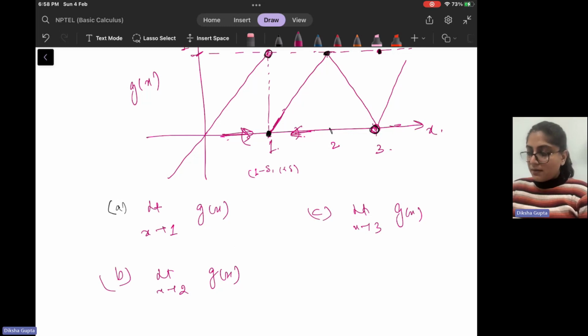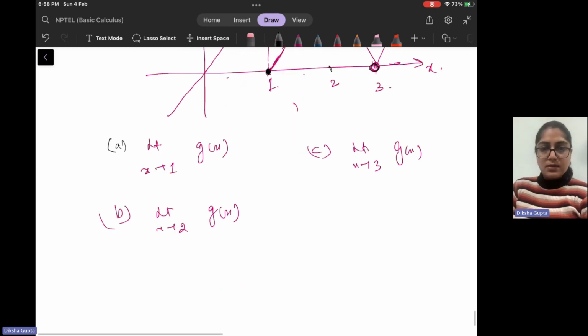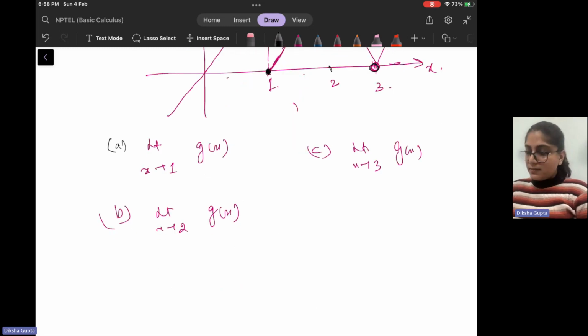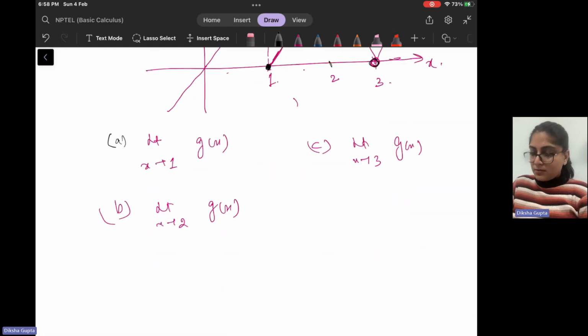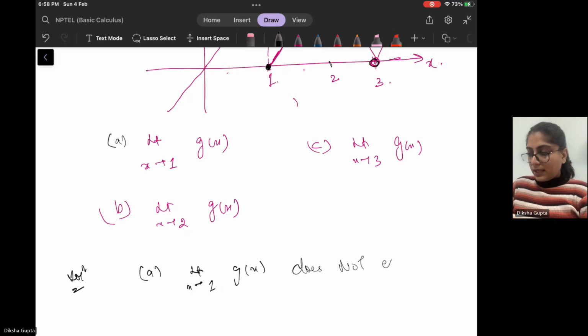Now see from the graph. The first is limit x tending to 1 of g(x). The solution is that the limit does not exist. Why is that?